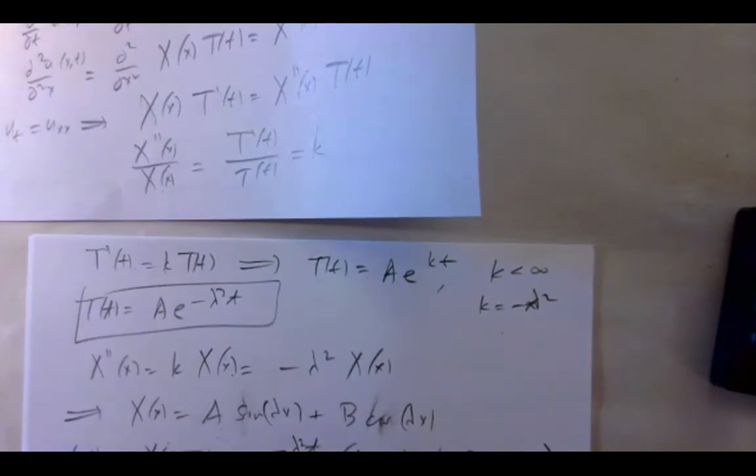But the boundary condition is that this is equal to 0, which means B has to be 0. So u of x, t is just a sine function. It's some constant A times e to the minus lambda squared t times sine of lambda x.